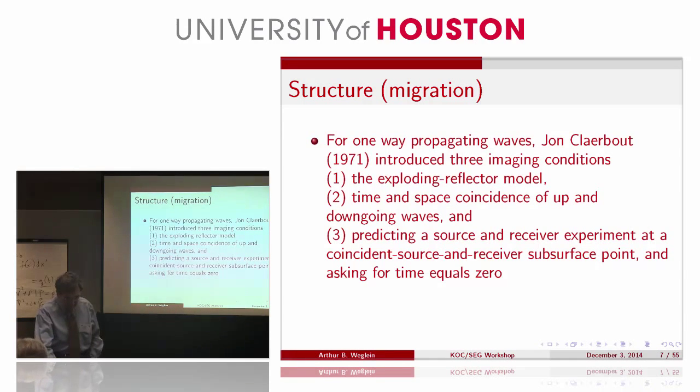Time and space coincidence of up and down waves is extremely popular. It's become almost synonymous with the word migration. When Dan Whitmore invented RTM at Apple many years ago, there was a form of that, an overlap when you do a zero offset version and then extend it. But the main and historic contribution was to go back in time, not space, because they're not the same.